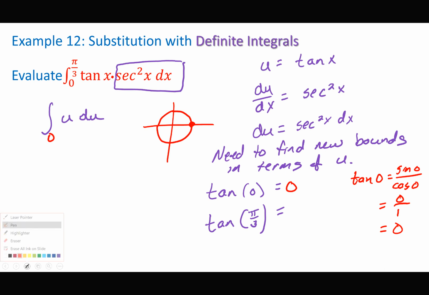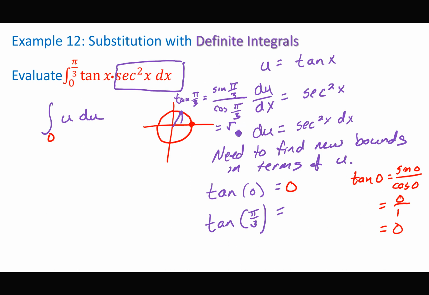Tangent at pi over 3. So pi over 3 is up here again. So tangent of pi over 3 is going to be sine of pi over 3 all over cosine of pi over 3. What is sine here at pi over 3? It's what? Root 3 over 2. So this is root 3 over 2.